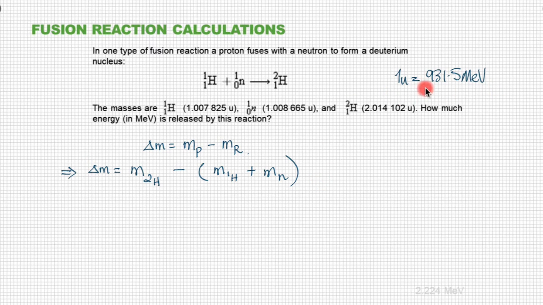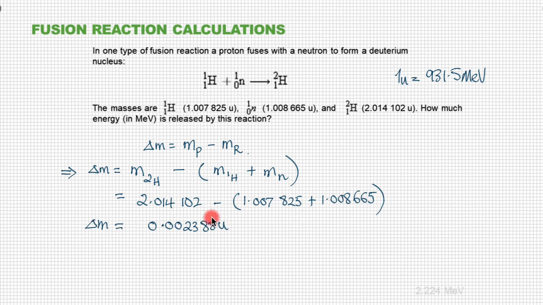Once we've found the mass difference, we know that one atomic mass unit is equivalent to 931.5 mega electron volts. We put in the numbers that we're given, and we come up with a value for delta M, our mass defect.